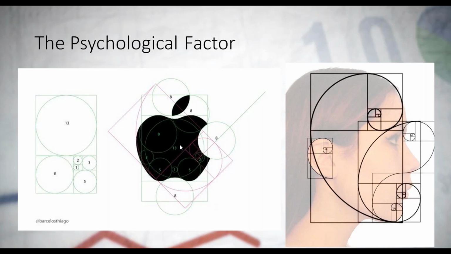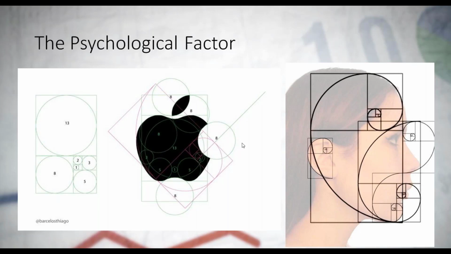So, for example, if you position the apple in the middle, you will notice that it takes approximately half of the rectangle, and you will see that the 8th circle is fully built in the bitten off piece of the apple.